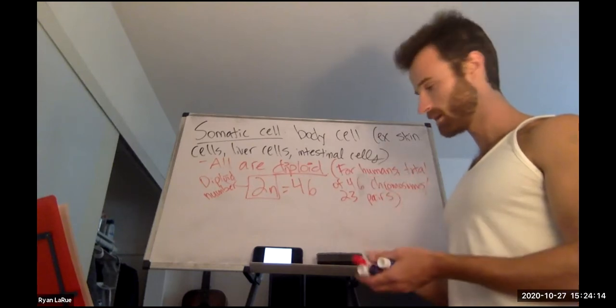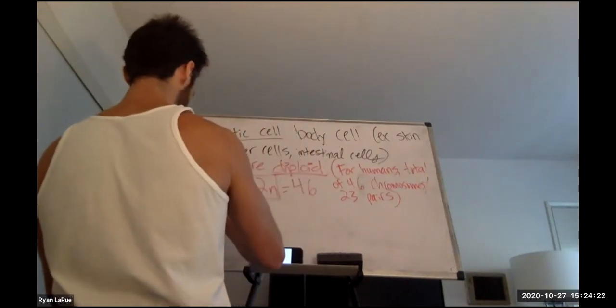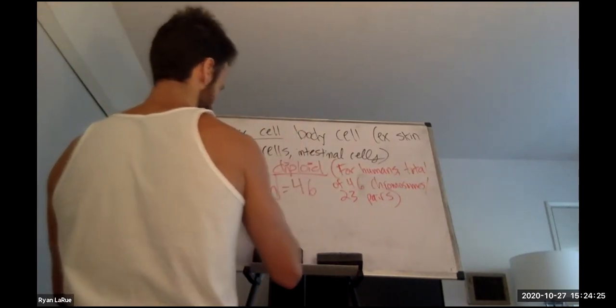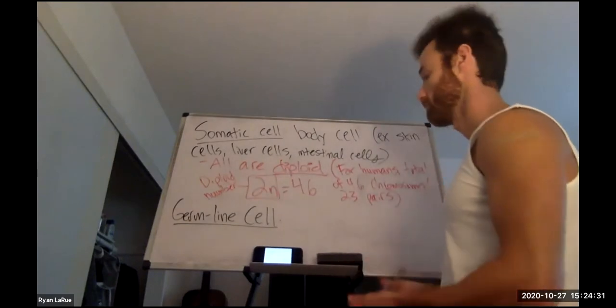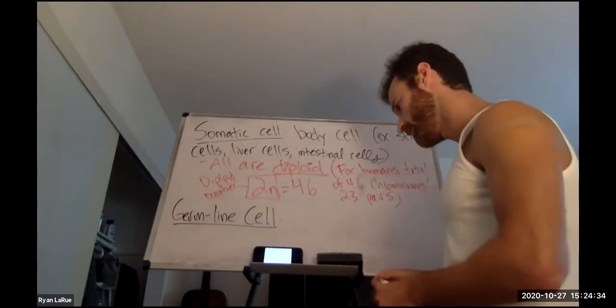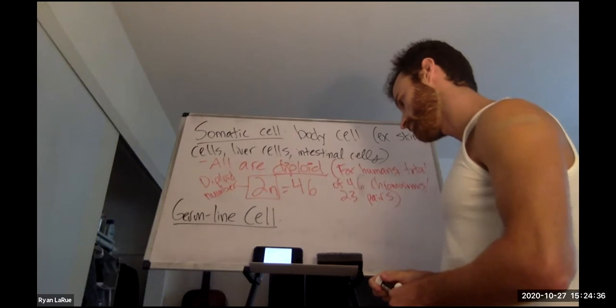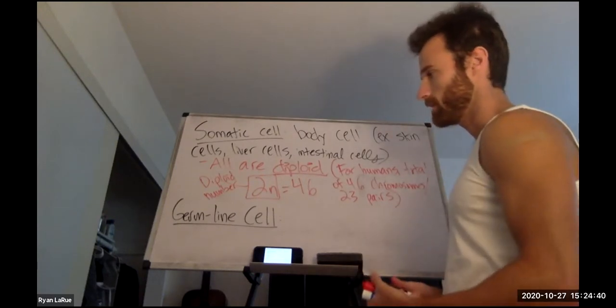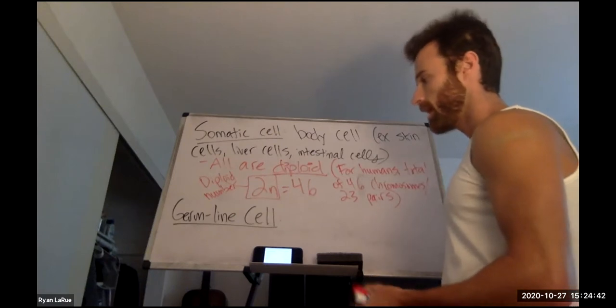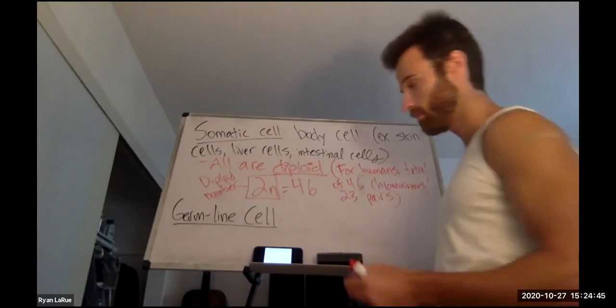Okay. Our next cell type is a germline cell. What I want you to know about germline cells is that they're also diploid. That's important.